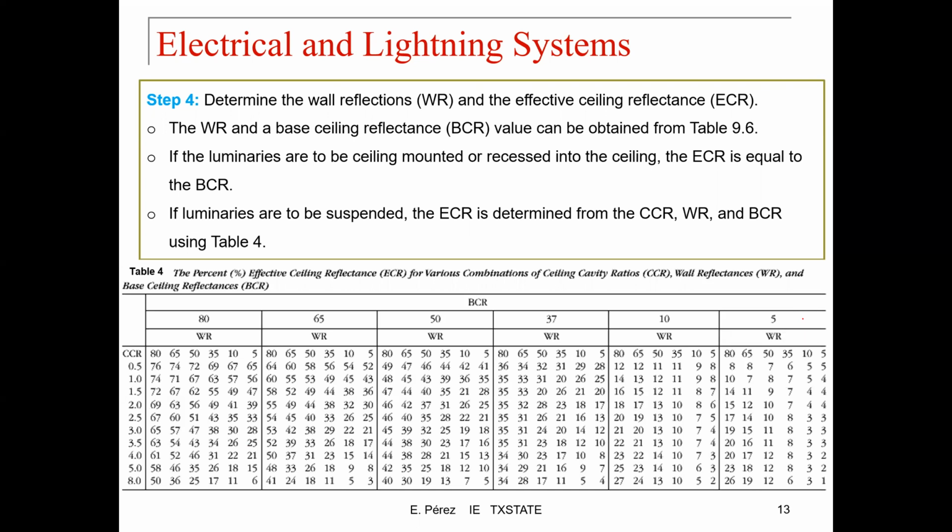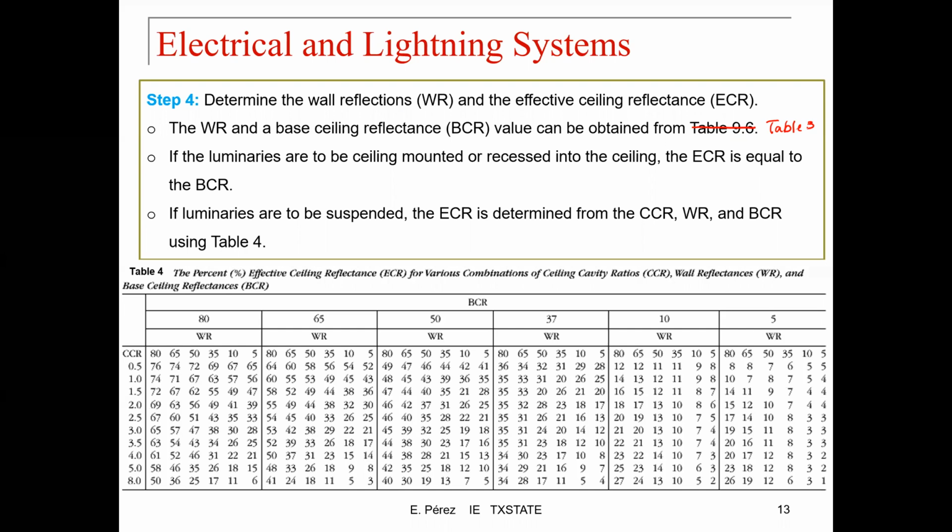If the luminaries are to be ceiling mounted or recessed into the ceiling, the ECR is equal to the BCR. So in this lecture, if you go to table 9.6 in your book, you'll find the same thing as table 3 in this lecture.